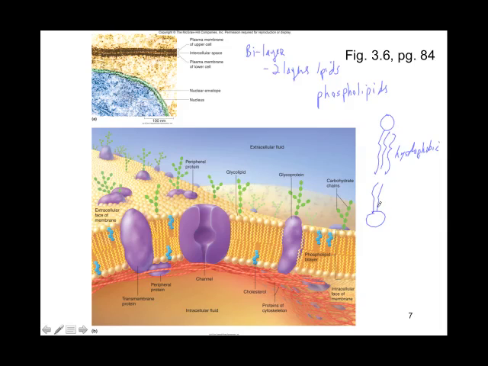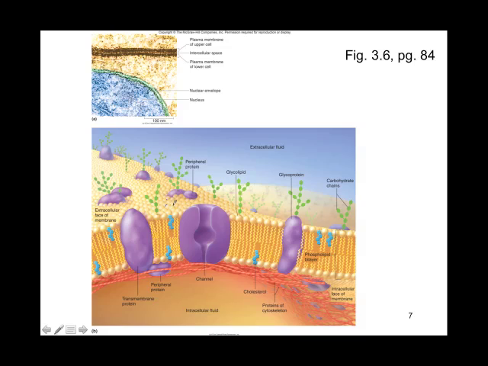And as a result of that, it creates this bilayer. And you can see those phospholipids here, these little yellowish circles, those are the heads of the phospholipids. So here you go. Here are those fatty acid tails, and you can see that orientation.